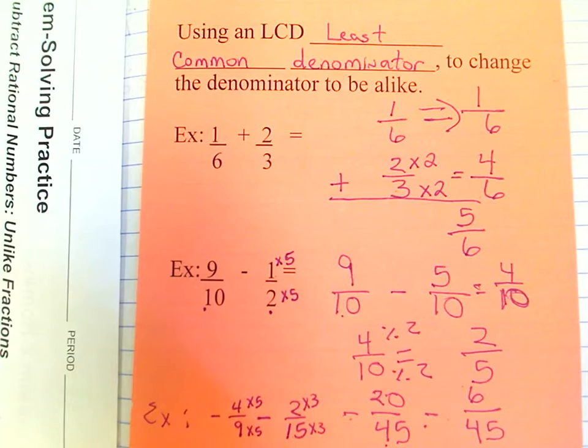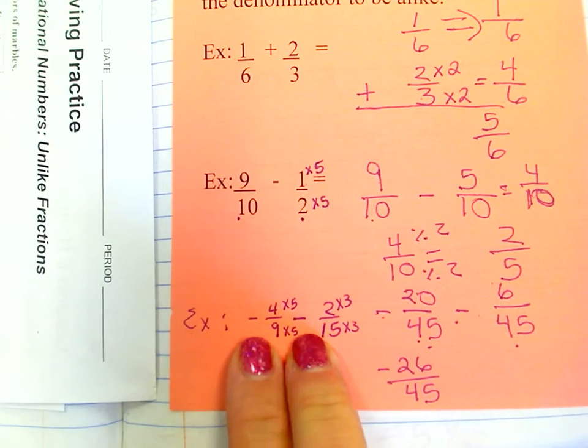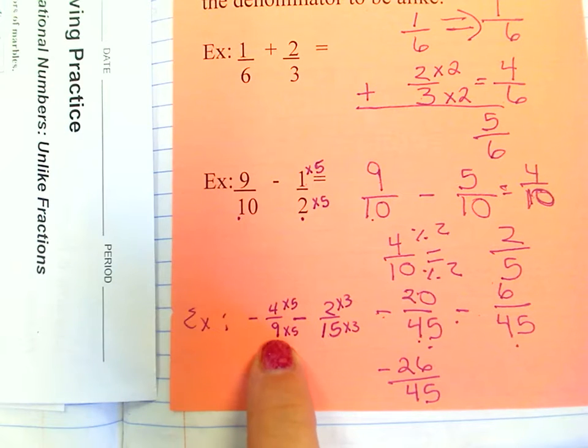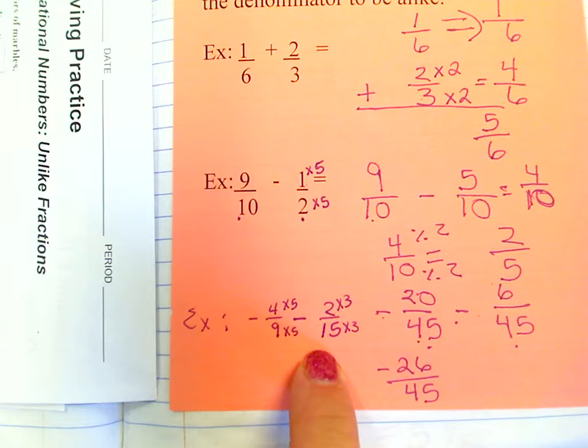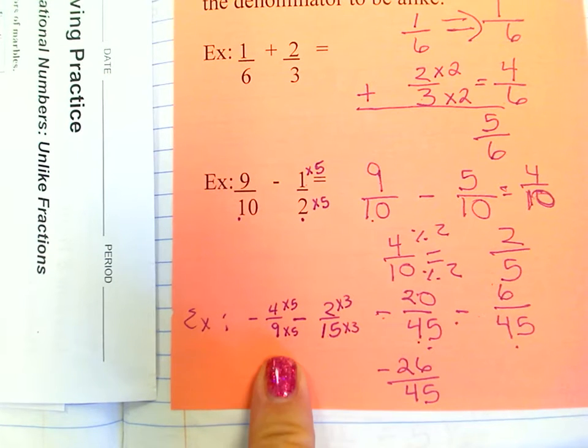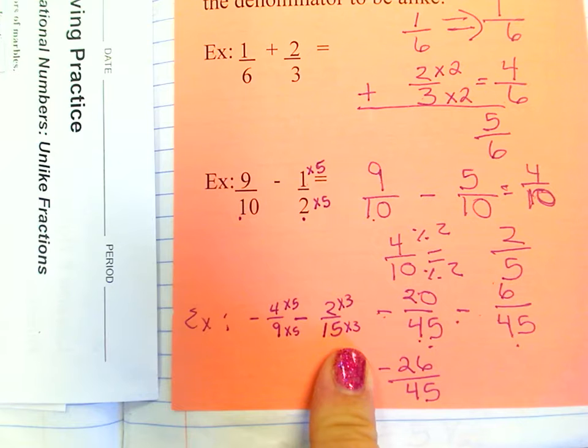And here's another example with 2 negatives. I believe this one's close to number 1 on your homework. So a negative 4/9 minus 2/15. 9 times 5 is 45. Well, 15 times 3 is 45.